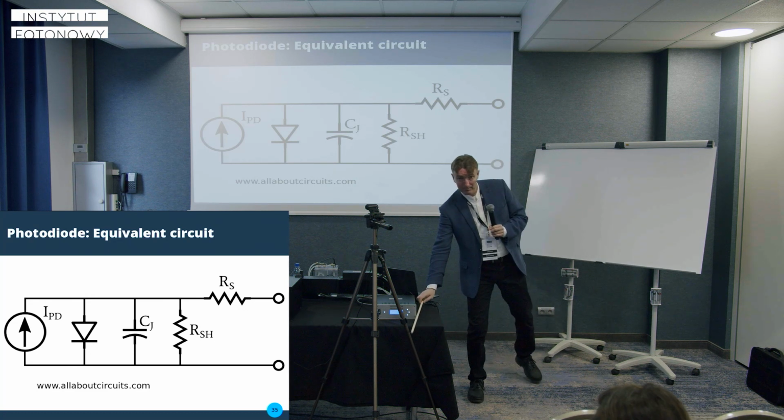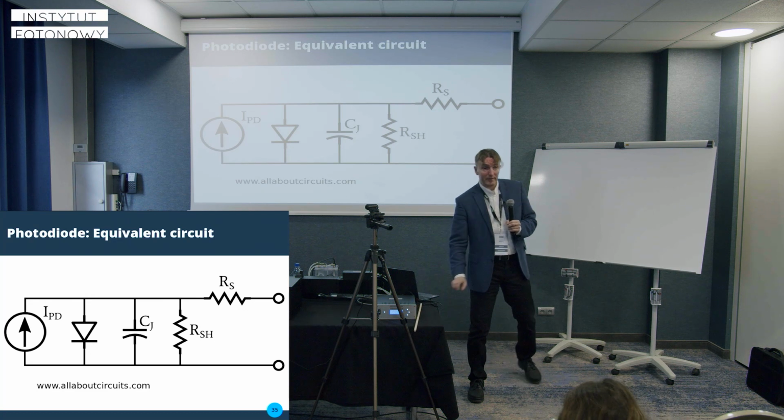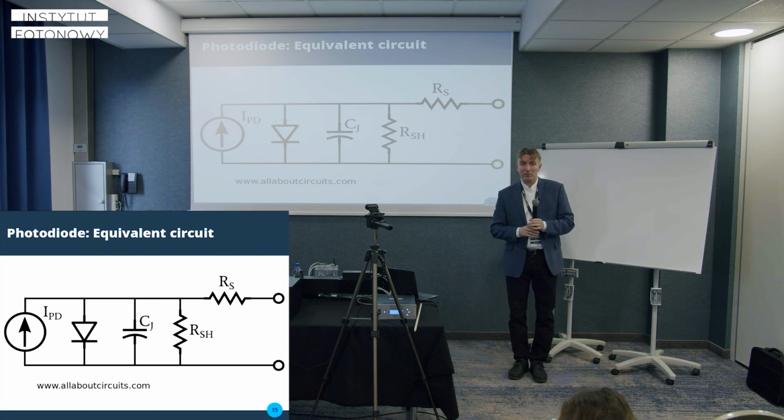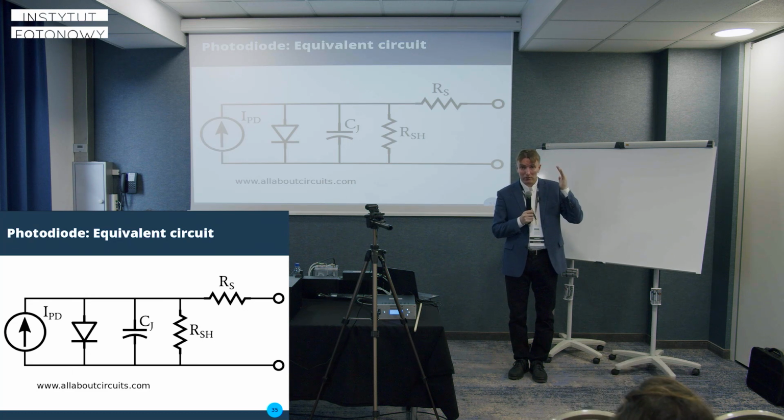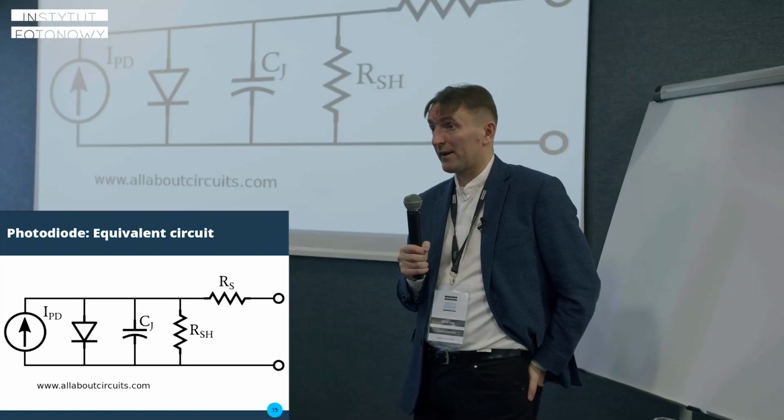The photodiode is great in building instruments because it gives quite linear characteristics when it comes to current response to the intensity of light shining upon the structure of the photodiode.